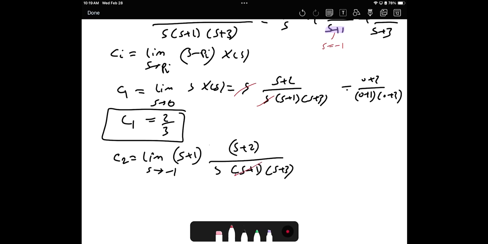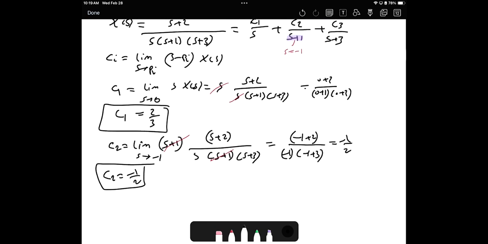The s plus 1 and s plus 1 cancel each other. Now I'm ready to substitute negative 1 for s, so it will be negative 1 plus 2, divided by negative 1 times negative 1 plus 3. Negative 1 plus 2 makes 1, and negative 1 plus 3 is 2. So 1 over negative 1 times 2 is negative 1 half. Then we can say C2 equals negative 1 half.